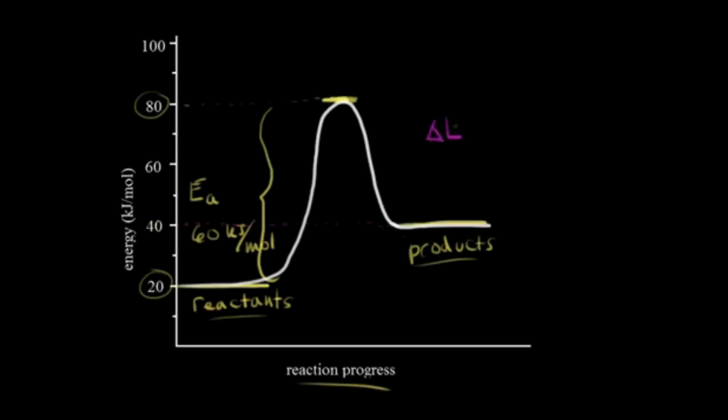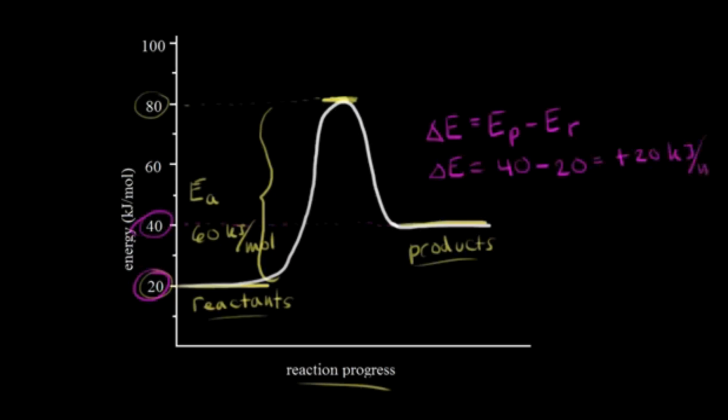So the change in energy for this reaction, once again, is the energy of the products minus the energy of the reactants. So that would be 40 kilojoules per mole minus, we started out with 20. So 40 minus 20 gives us a change in energy equal to positive 20 kilojoules per mole. So positive 20 kilojoules per mole. So that would be this difference right here.